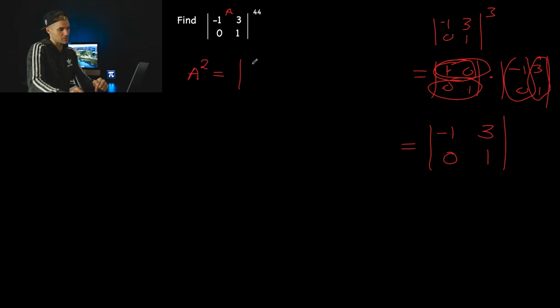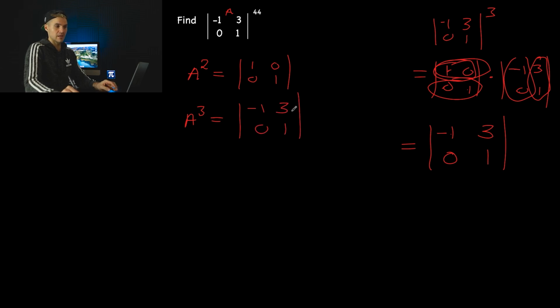The identity matrix. What is A to the power of 3 going to be? We just did that: we end up with the original matrix. And if we multiply it again by the original, A to the power of 4 gives us again the identity matrix.